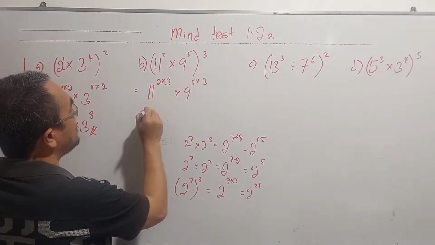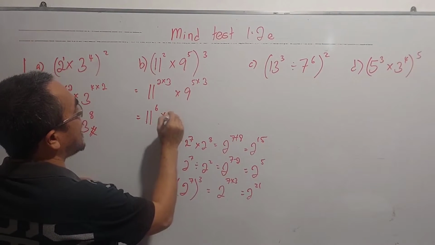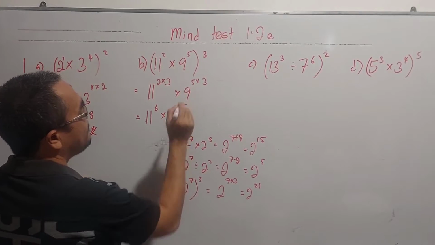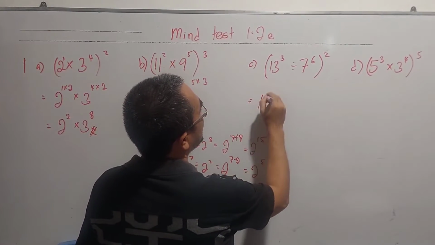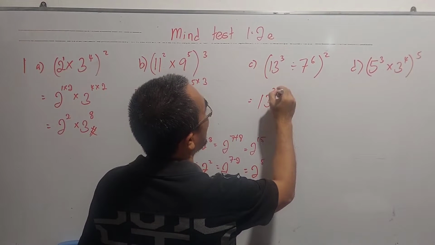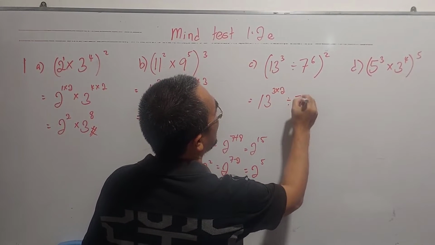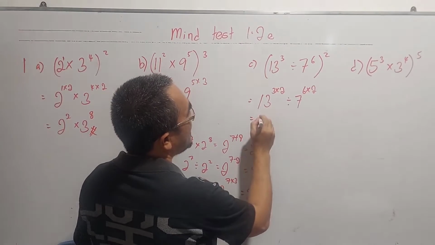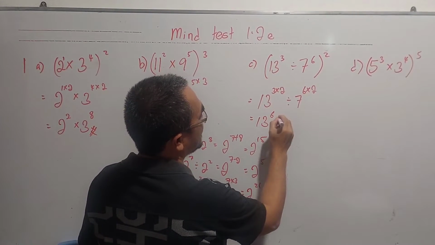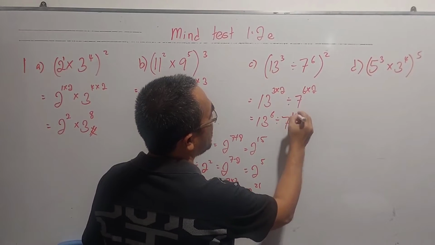So it becomes 11 to the power of 6 times 9 to the power of 15. And then C: 13, 3 times 2 divided by 7, 6 times 2. So we have 13 to the power of 6 divided by 7 to the power of 12.